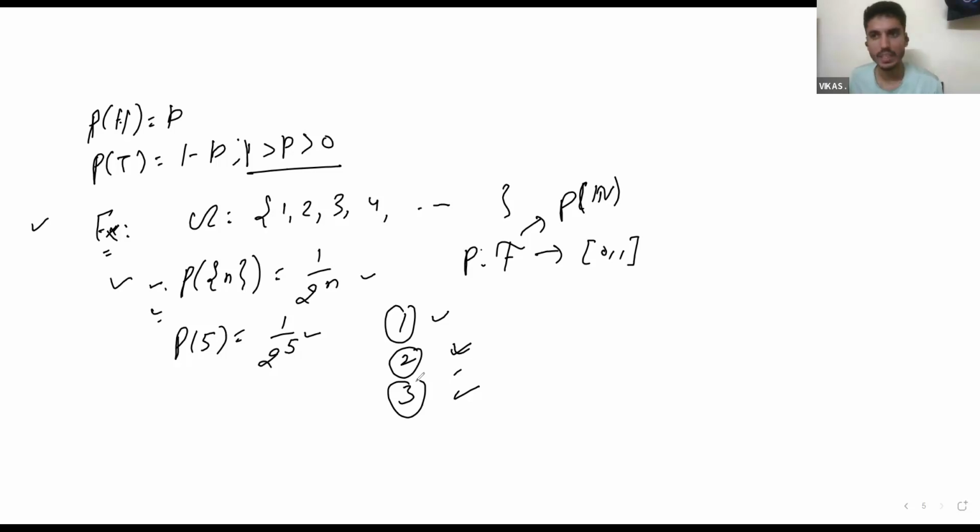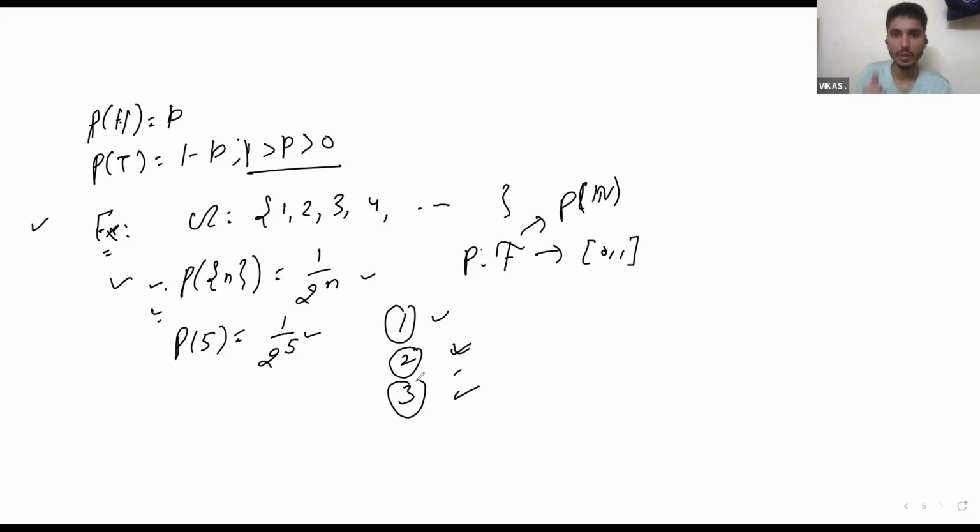There is a definition of fair also given. If a coin or a dice or any experiment has equally likely probability of every event, then we will say it is fair. Like if I throw a fair coin, it means the probability of head and the probability of tail will be equal.